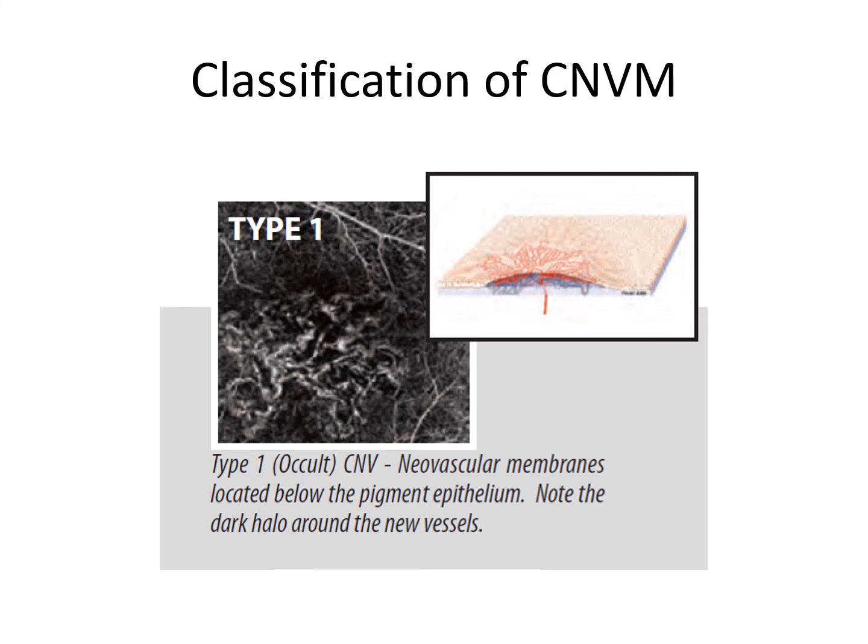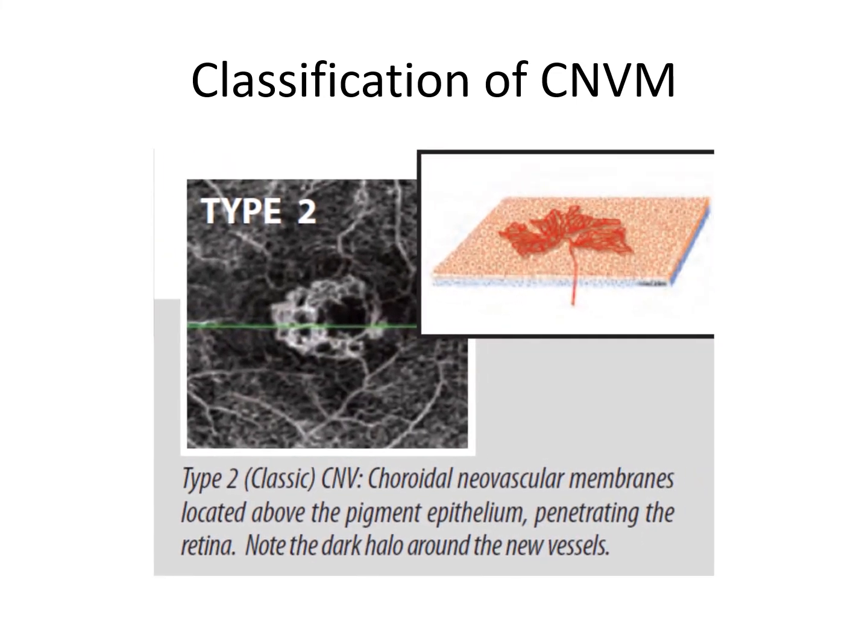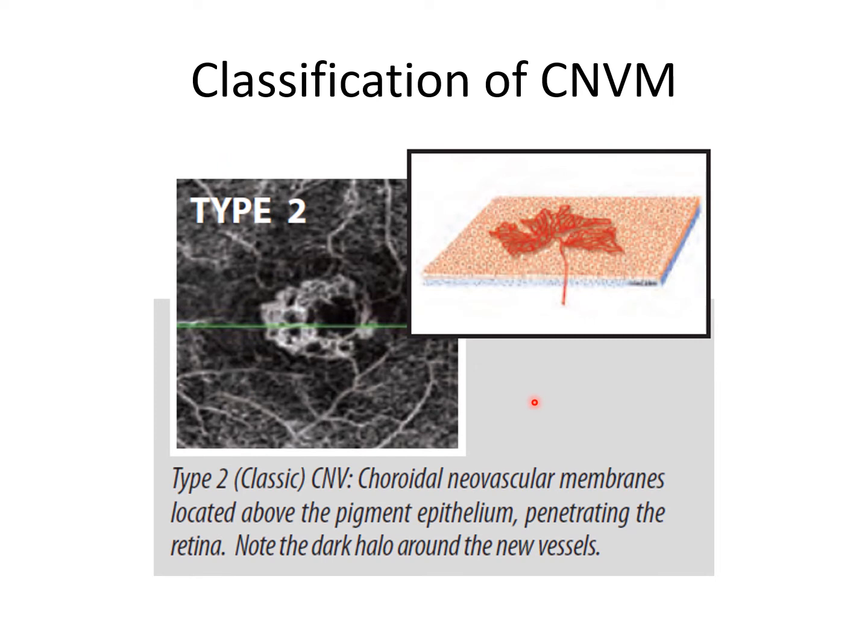And then we have the type 2, where the vascular network which has proliferated has punctured through the retinal pigment epithelium, and now it is lying in the retinal or subretinal space. So from the sub-RPE space, that is between the Bruch's membrane and retinal pigment epithelium, these membranes have reached to the level of retina now, and that is type 2 neovascular membrane.